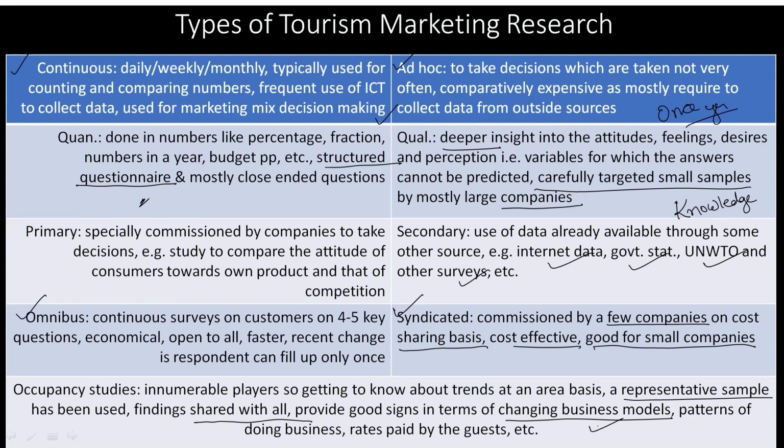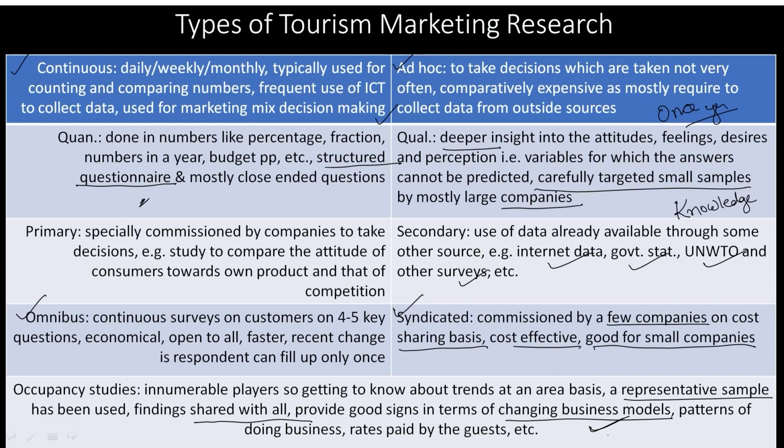So this is a very changed business model, where the accommodation provider is using its own guests to promote and sell the property. So this is altogether a very different business model.